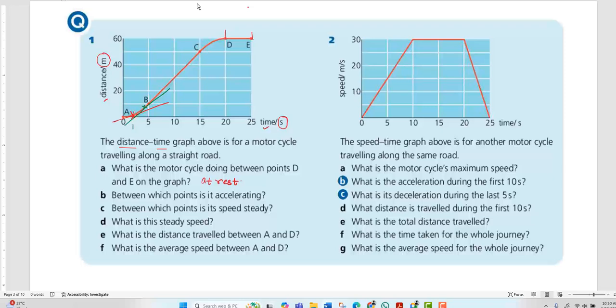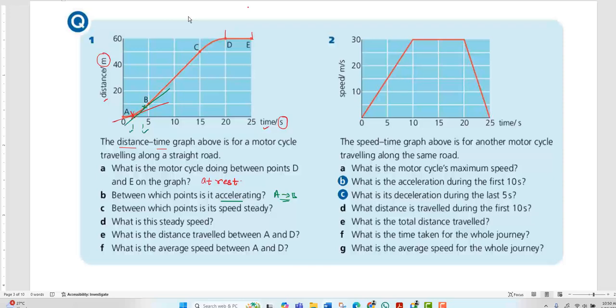So moving from here to here, the slope or the gradient is increasing. That's why the speed is increasing. So when the speed is increasing, this basically means accelerating. So you will say from A to B.